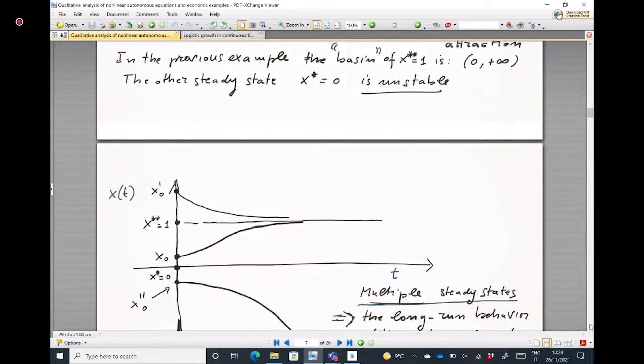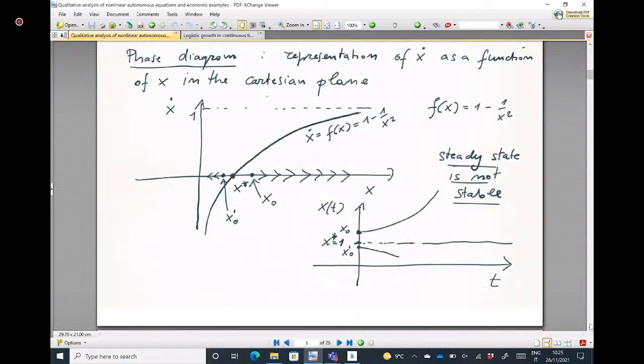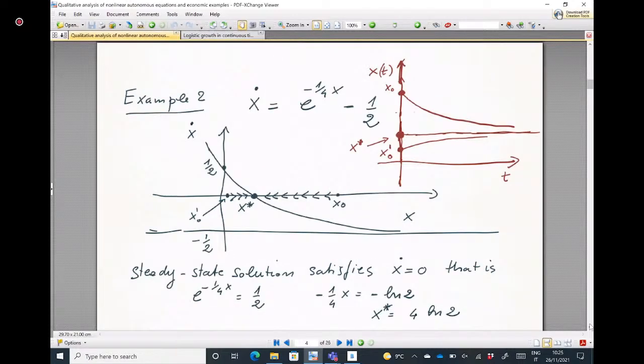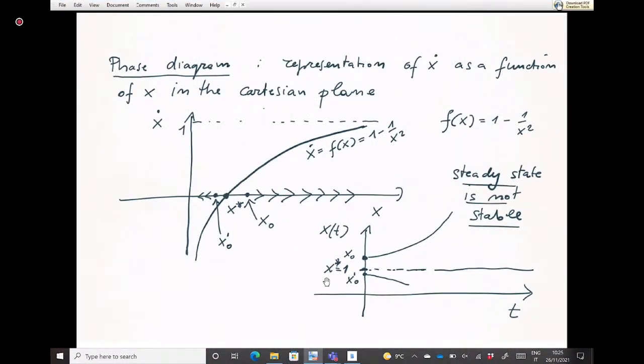So basically, we have seen a simple elementary example of an unstable steady state and a simple example of a stable steady state. By the way, go back to the unstable case. We impose a restriction here on the domain of the variable with positive x, okay?